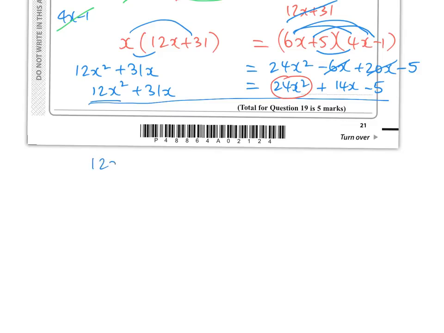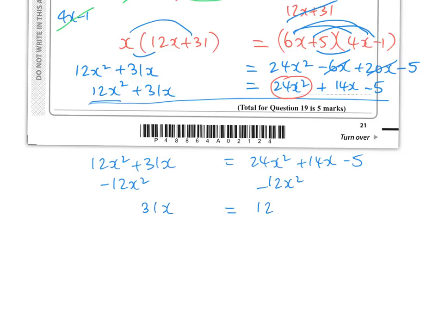So let me just write this out neatly here. I'm going to take 12x squared from both sides. And that's going to leave me with 31x equals 12x squared plus 14x minus 5.